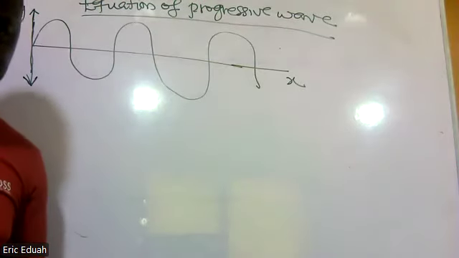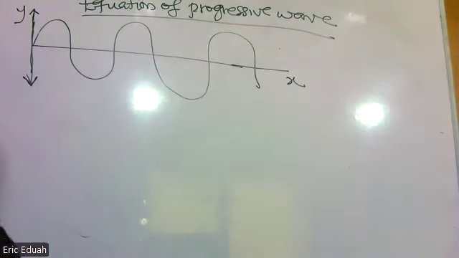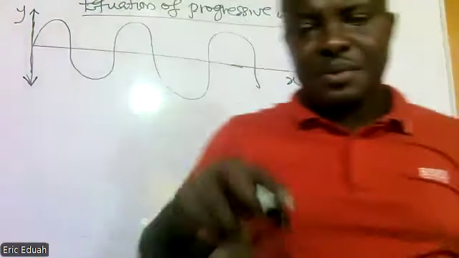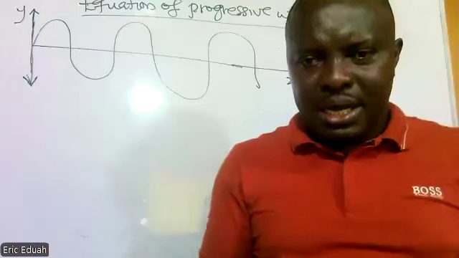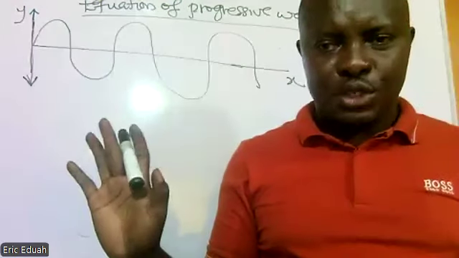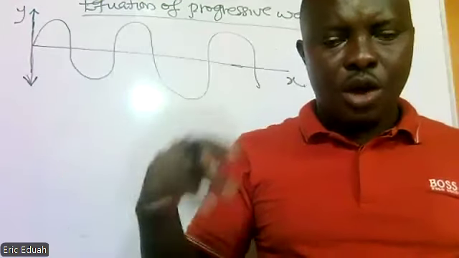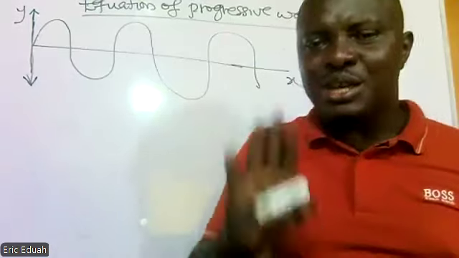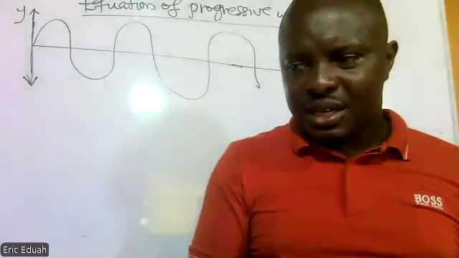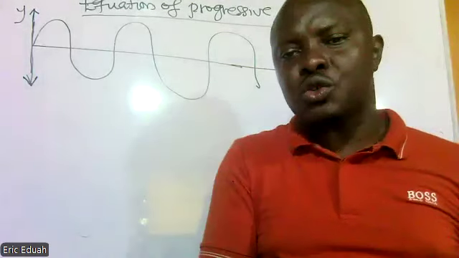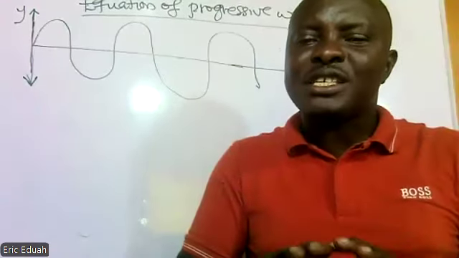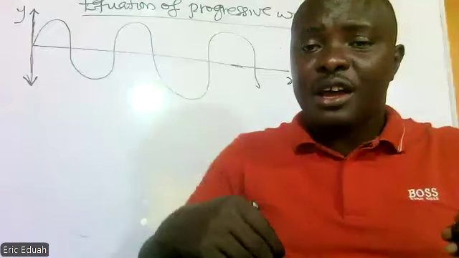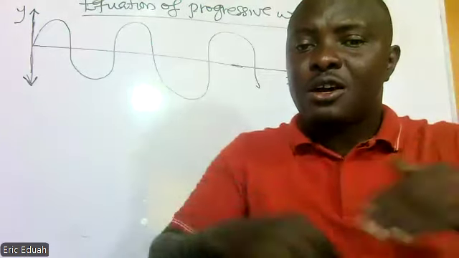Okay. Now, a wave is a simple harmonic kind of motion. A wave is simple harmonic. So the basic equation of a wave is equal to the equation of a simple harmonic, the displacement equation of a simple harmonic motion.